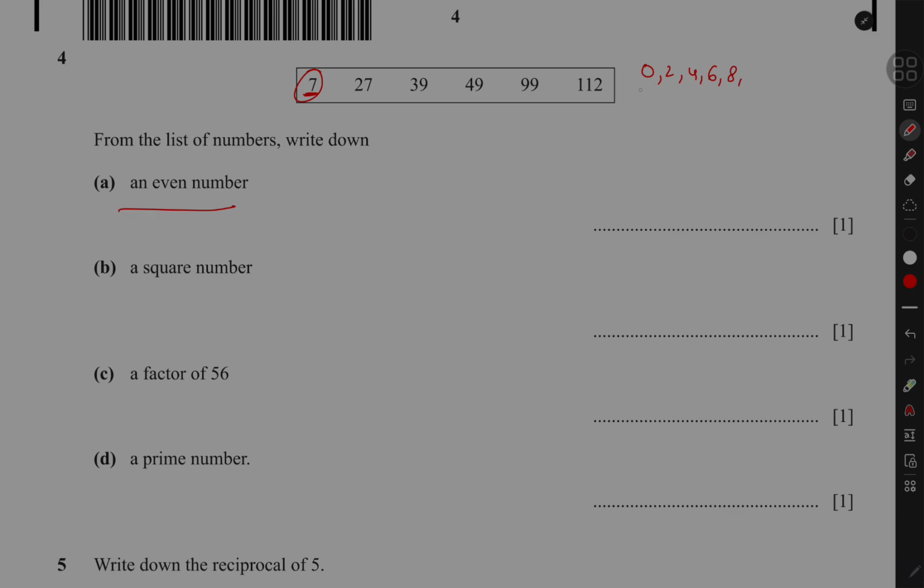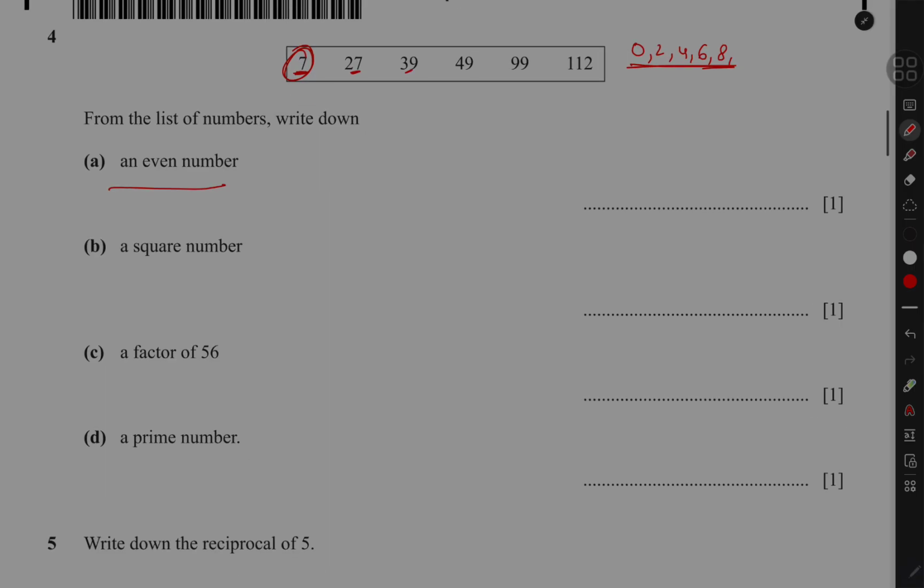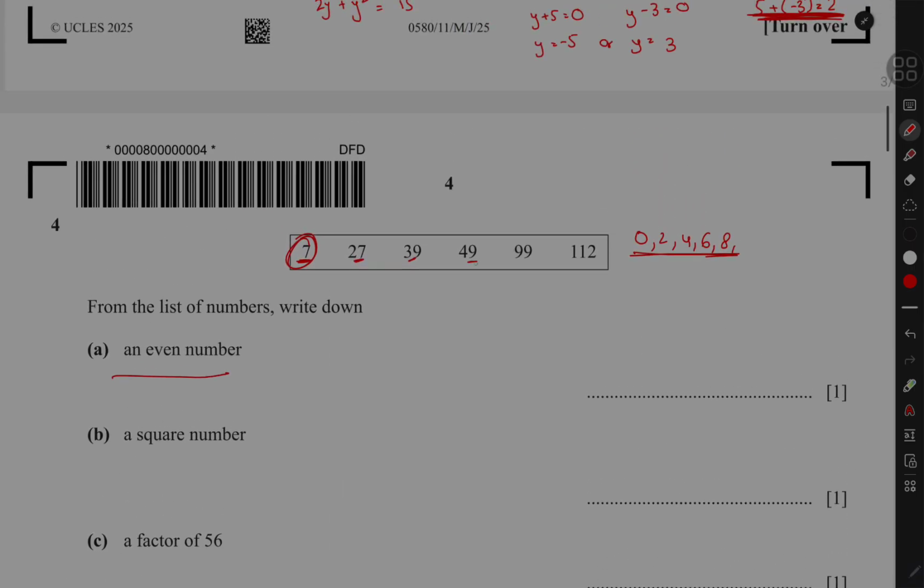Okay, so if its last digit is one of these, then that's true. 7, no. 27, no, because we need 8, not 7. 39, no. 49, no. 9 is not divisible by 2.